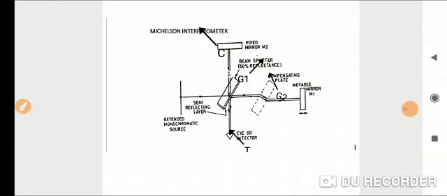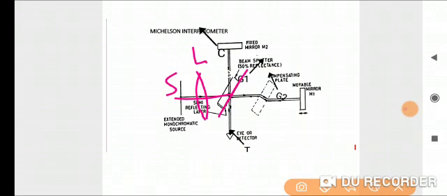Next, the working of the Michelson interferometer. The light from the source S produces a parallel beam of light when passing through the lens L, which is made to fall on the G1 plate. It is partly reflected at the back surface of G1 along AC and partly transmitted along AB.